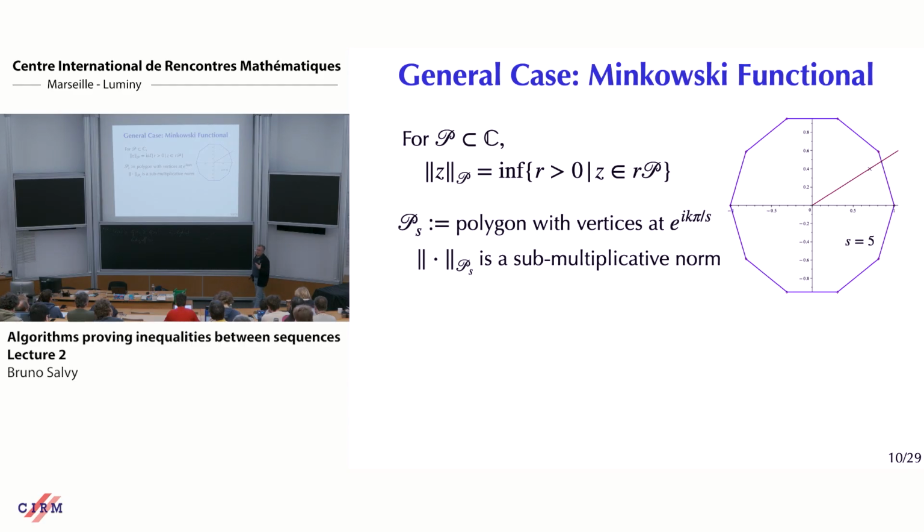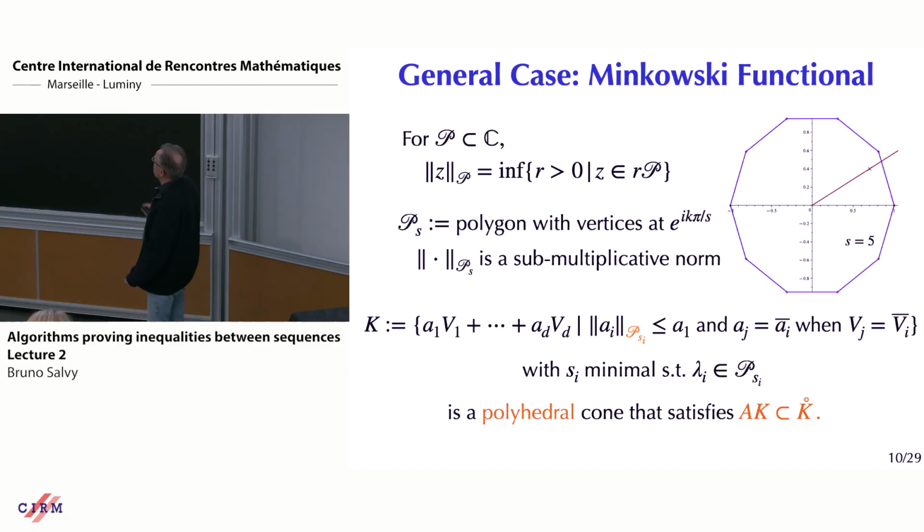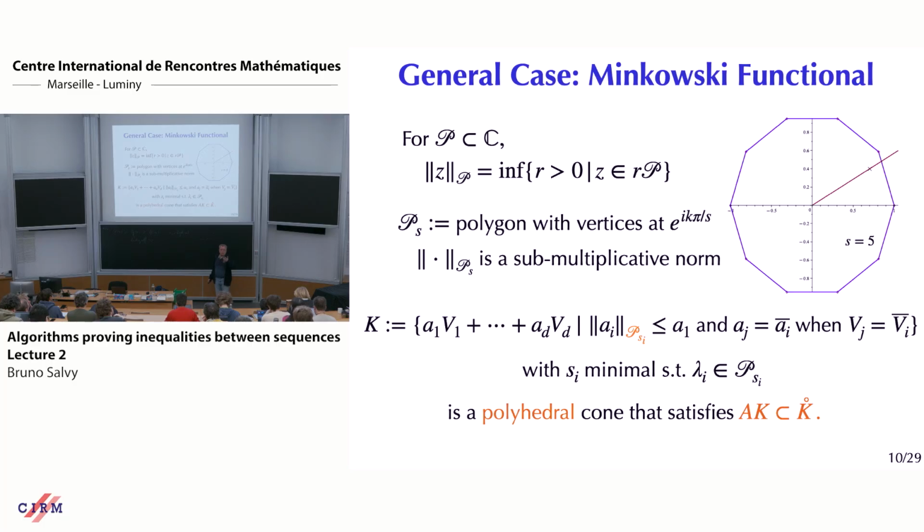So what you do is constrain the coordinates. Each coordinate has its own norm, depending on the smallest Si such that lambda I will be inside the polygon. In practice, we've never had to use it for S larger than 1.